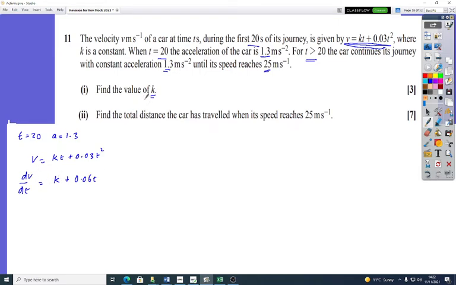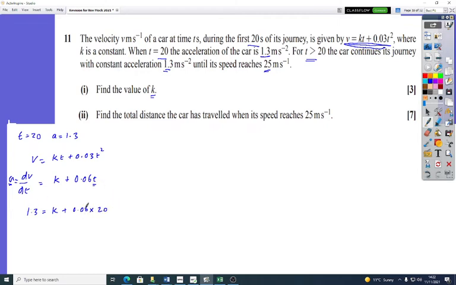Now, when I put t is 20, the acceleration is 1.3. Don't forget, dv/dt, I should have said that earlier, is acceleration. This is the rate of change of velocity with time. So acceleration is 1.3, which is k plus 0.06 times 20.